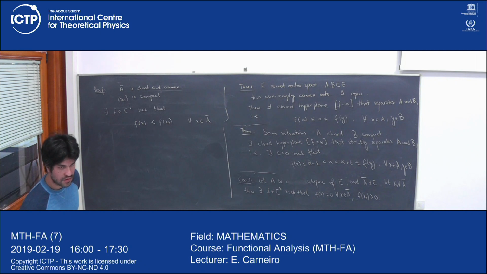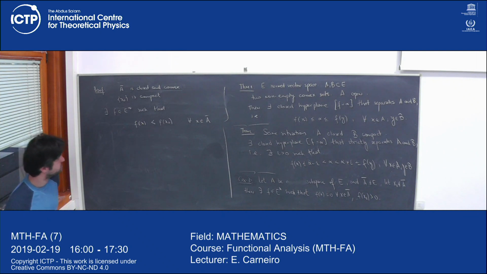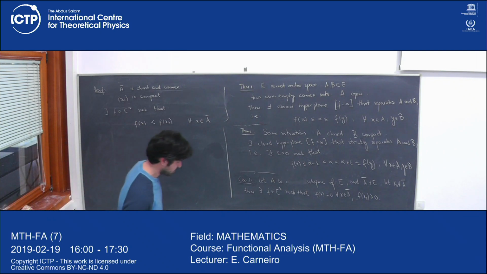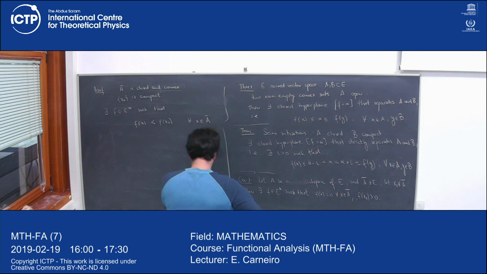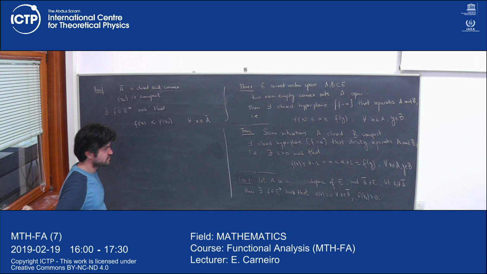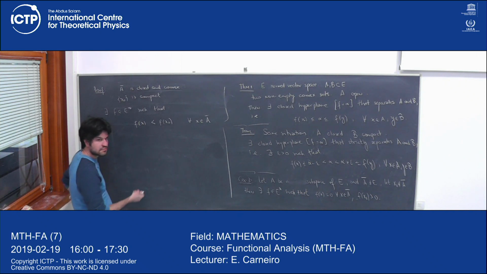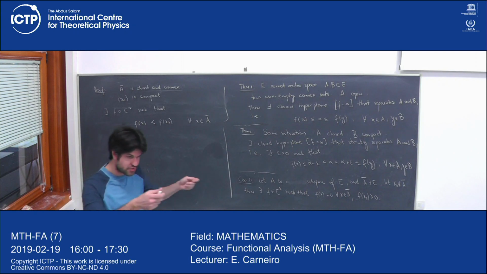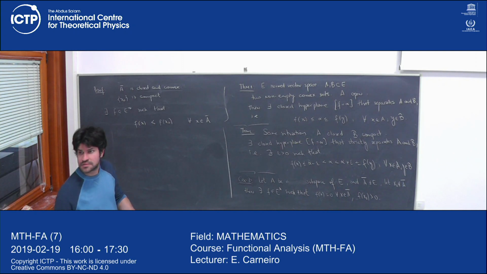The closure of a convex set is also convex. Yes. All right, this is what I want to have. Yeah, that's exactly what you said. The closure of a convex set is also convex.